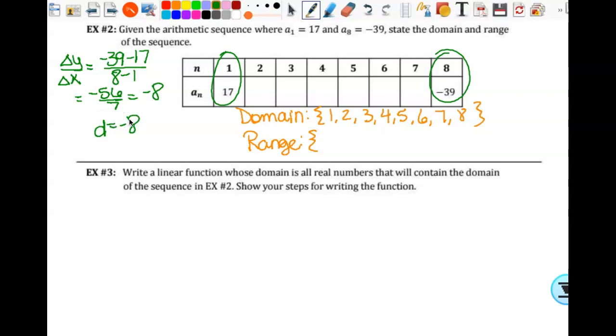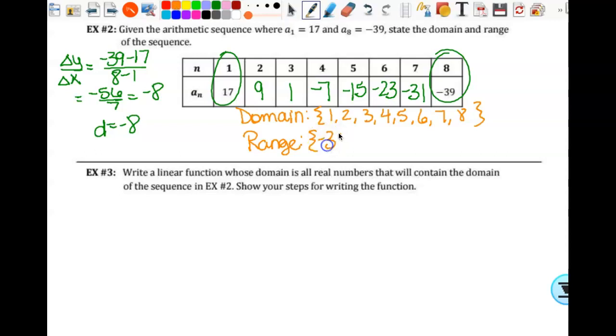So now I can fill these in. So 17 minus 8 is 9. 9 minus 8 is 1. 1 minus 8 is negative 7. Negative 15. Negative 23. Negative 31. So now my range, we go from least to greatest.